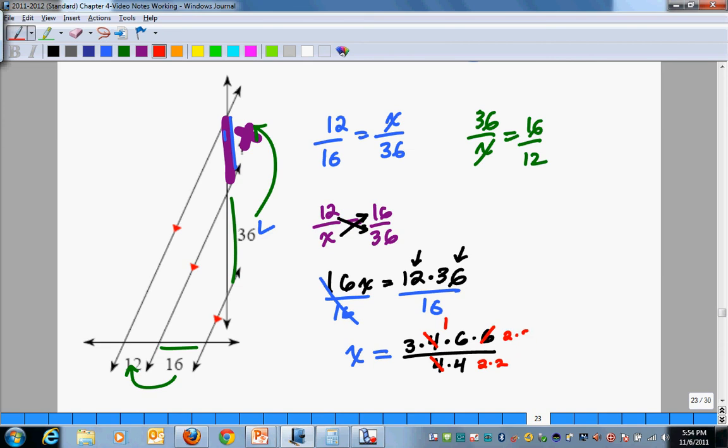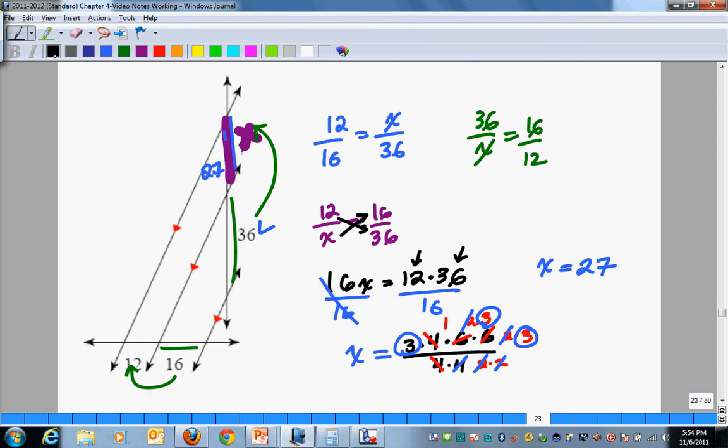This is 2 times 3. This is also 2 times 3. Can cancel the 2's. End up with 3 times 3 times 3. So x equals 27. Now, it's really easy to check this.